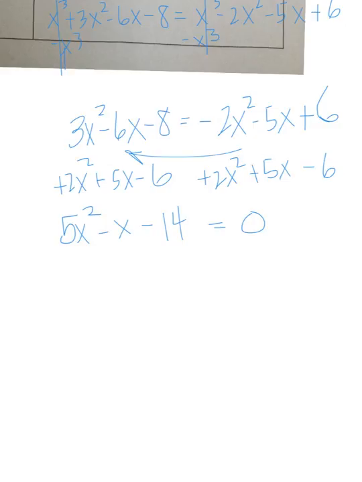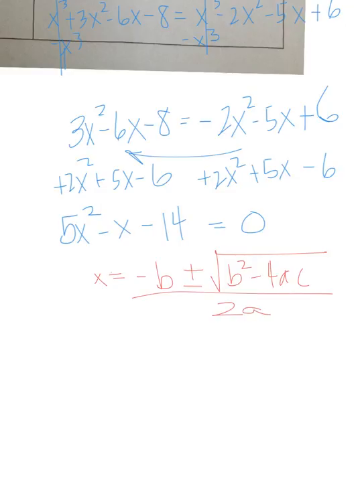So remember that the quadratic formula says that x is equal to negative b plus or minus the square root of b squared minus 4ac all over 2a. So for us, a is equal to 5, b is equal to negative 1, and c is equal to negative 14.